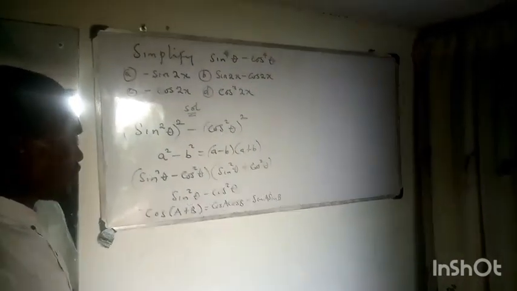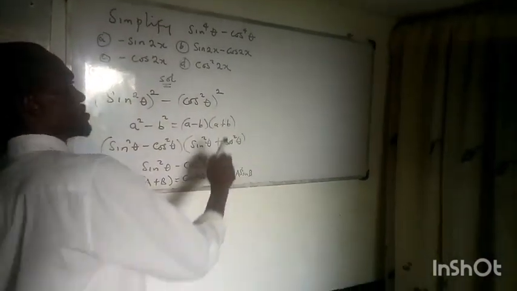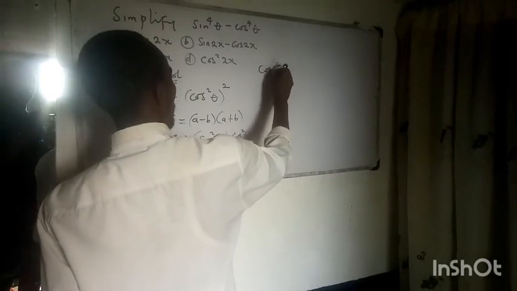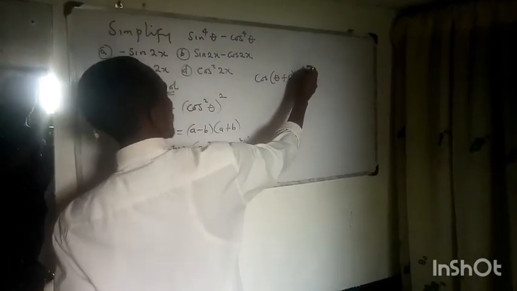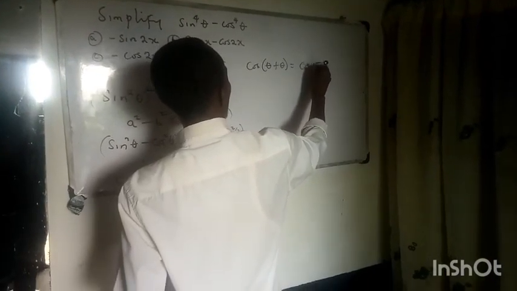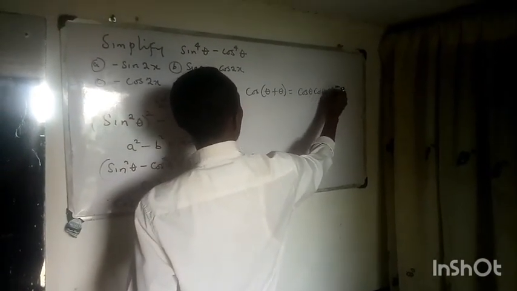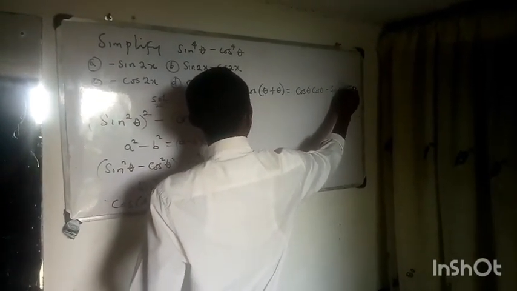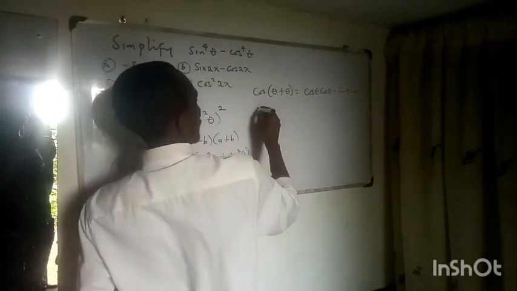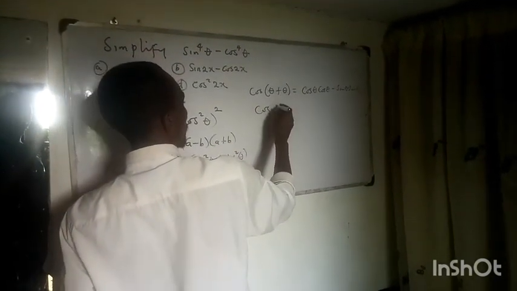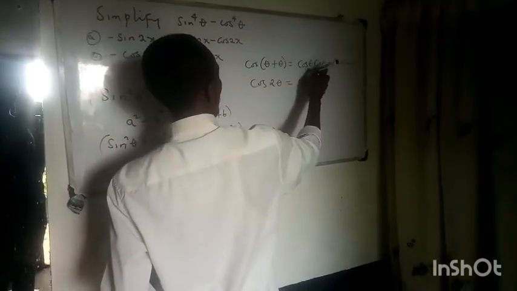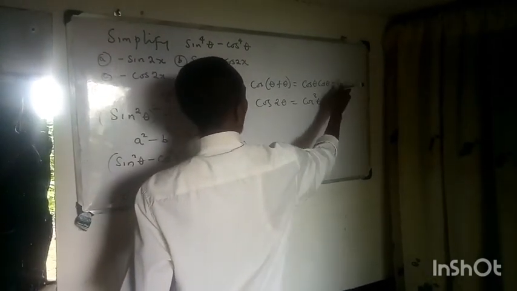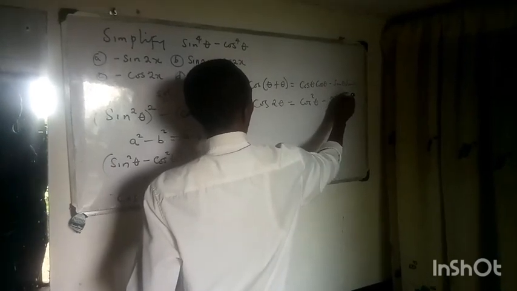Okay, so if we use this, we can say that cos(theta plus theta) is cos theta cos theta minus sine theta sine theta. So cos(theta plus theta) is cos 2 theta, and when you multiply this it is cos square, and when you multiply this it is what?